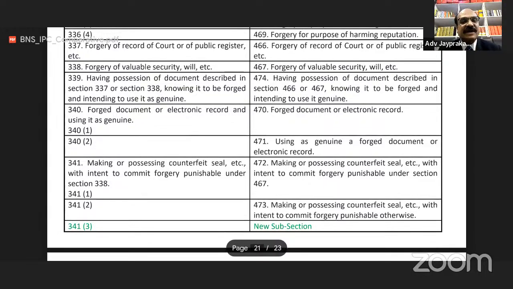BNS section 340, forged document or electronic record; its corresponding section was IPC 470.